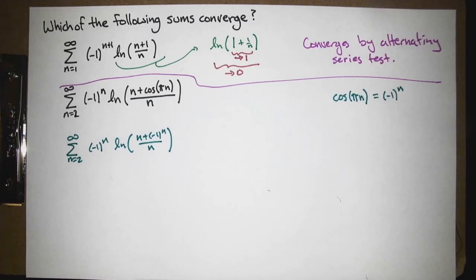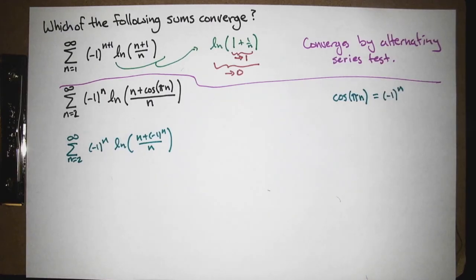So how would that change our answer? I mean, we still have something going to 0. We still have that plus-minus sign going on in the front. So why am I hesitant? Is this really an alternating series?